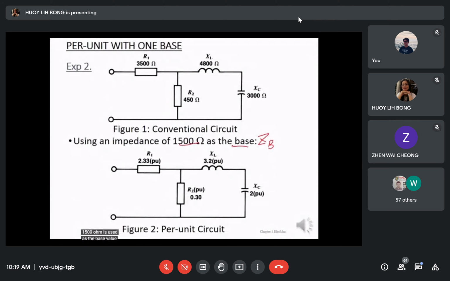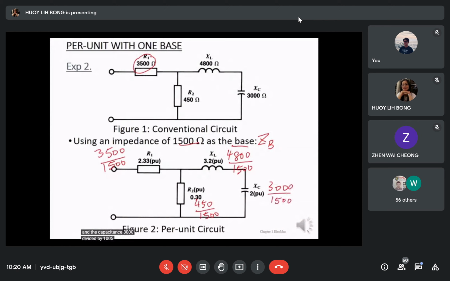R1 from 3500 is converted to per unit by dividing the actual value with the base value, followed by R2 450 divided by 1005, inductance 4800 divided by 1005, and the capacitance 3000 divided by 1005.